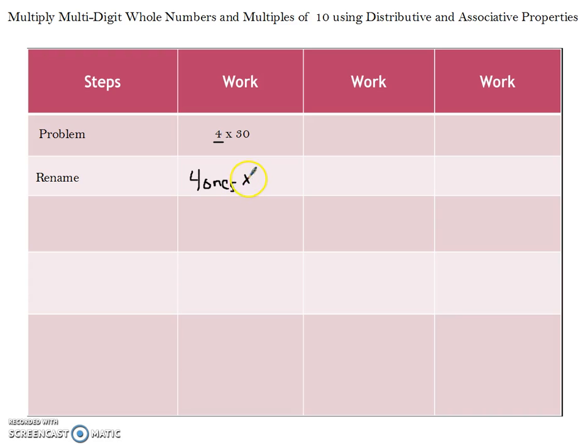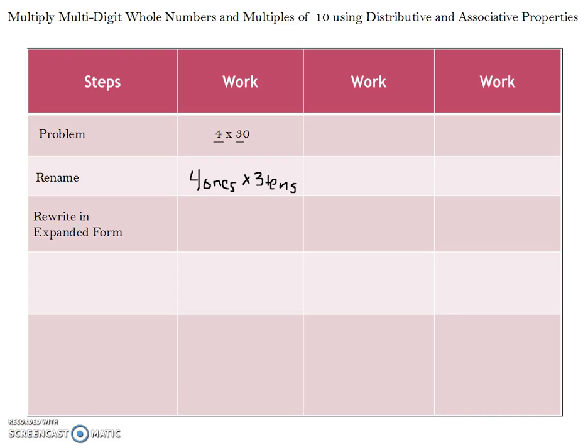Next, we're going to rename the next number, which is 3, and 3 is in the tens column. So we're going to say we have 3 tens. So to rename 4 times 30, we have 4 ones times 3 tens.